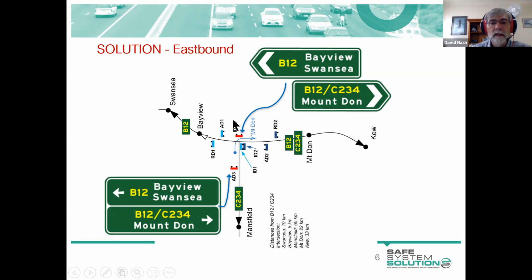And then the intersection direction sign, which would be on the far side of the road when you get to the T-junction, has Bayview Swansea to the left and Mount Don to the right. Again, Mount Don mirrors what was on the AD sign. Now, the way in which you set these out doesn't really matter. You could have Mount Don on top and Bayview Swansea on the bottom, or you could have them back to back.